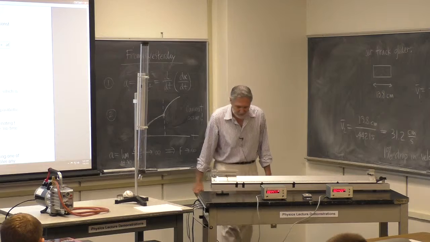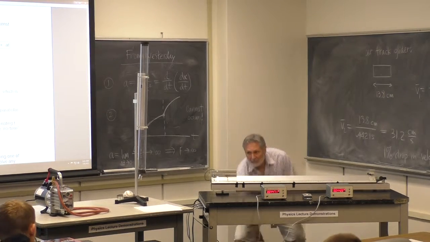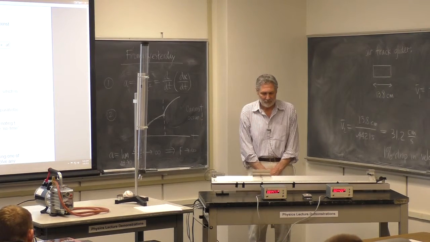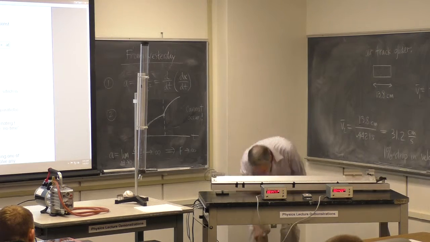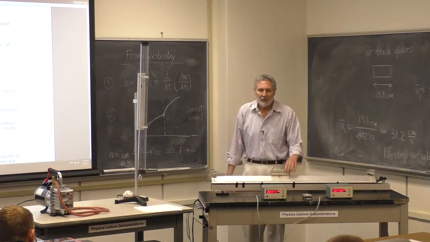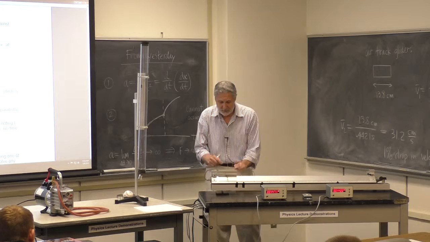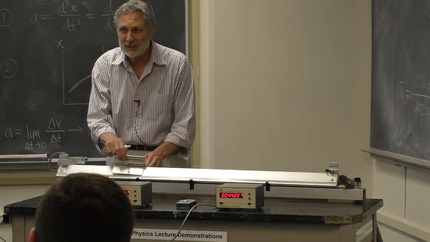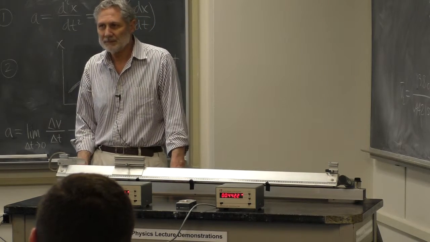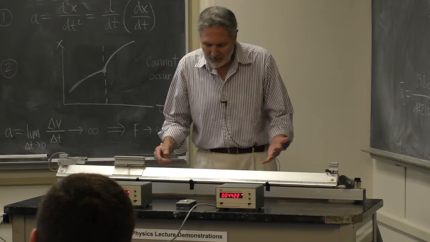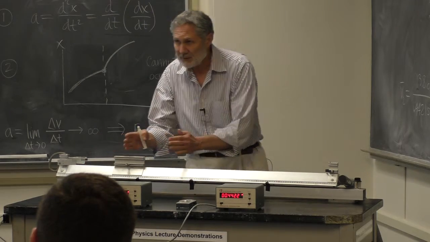What's going to happen? Now, it has to accelerate, because initially it has no velocity, it has some velocity later. There has to be some acceleration. But it's not clear what that acceleration is in time.